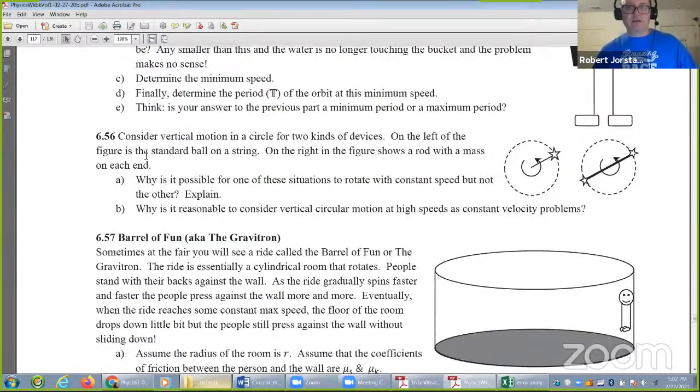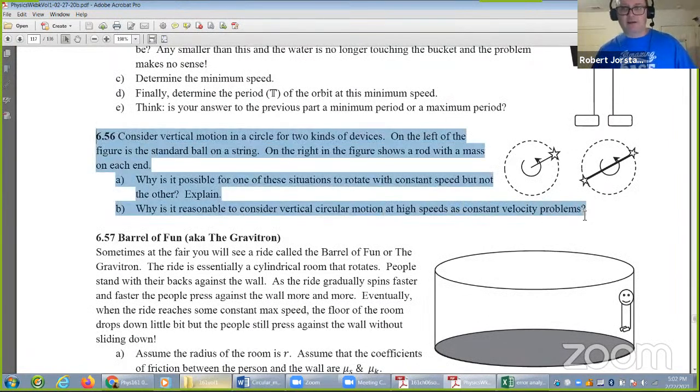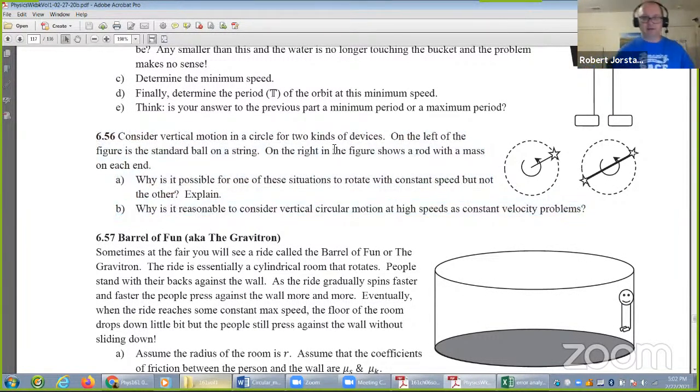Now, something I might mention here, this is worth saying. I don't remember if I've said this today or not, but you've got to watch out for ball on a string versus ball on a rod swinging. If you have a ball on a string and it's swinging around, strings have to exert a tension, right?